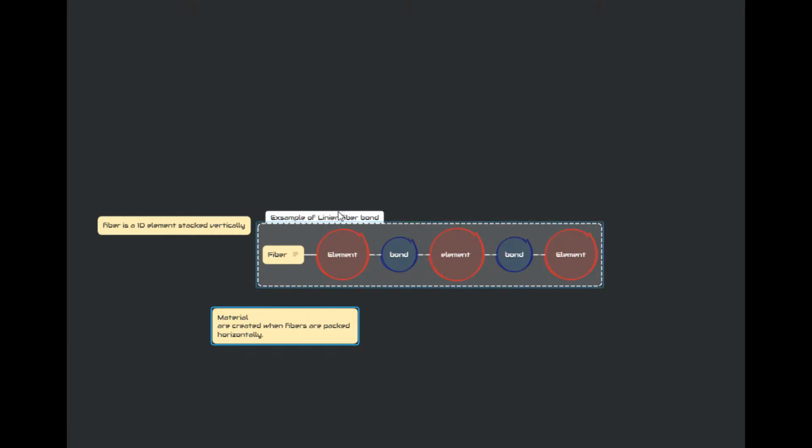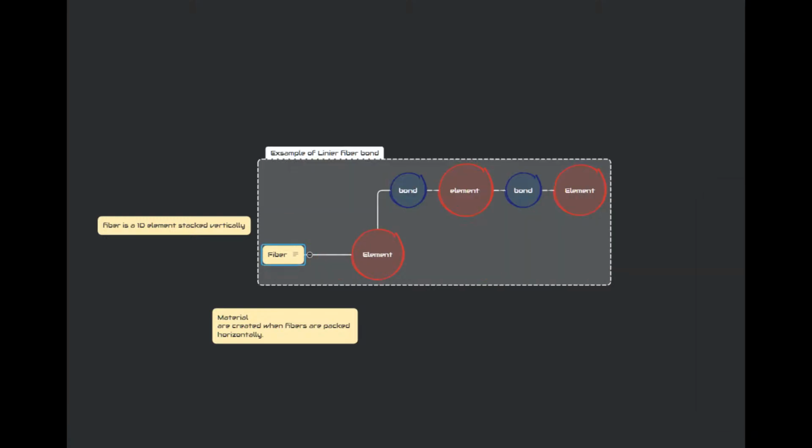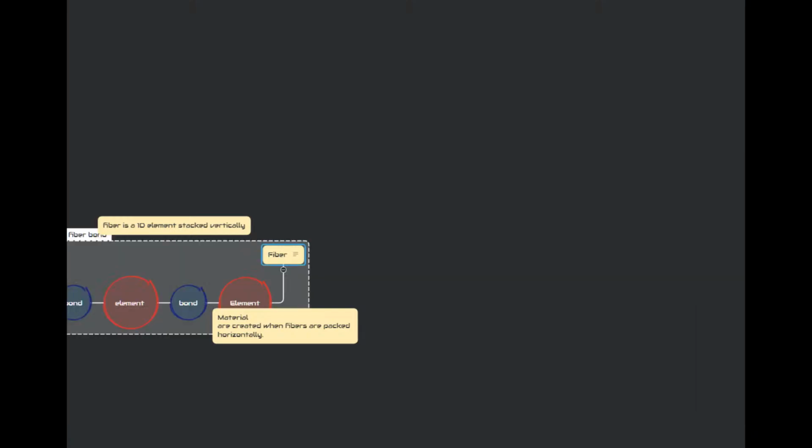So what I have is an example of a linear bond, a fiber bond. This is element, bond, element, bond, element, bond. This is vertical, so I should change this to vertical. That's not good. That's also no good unless we do all of them the same.